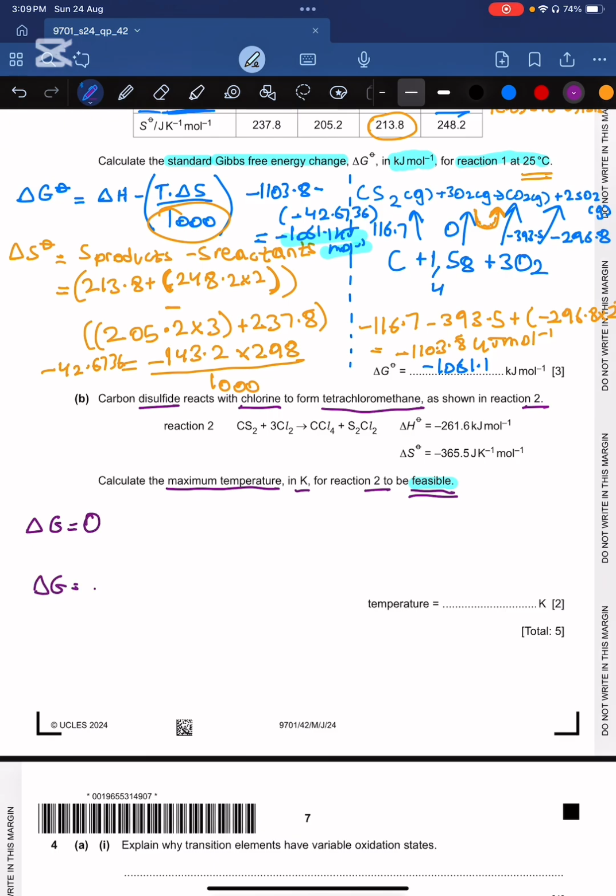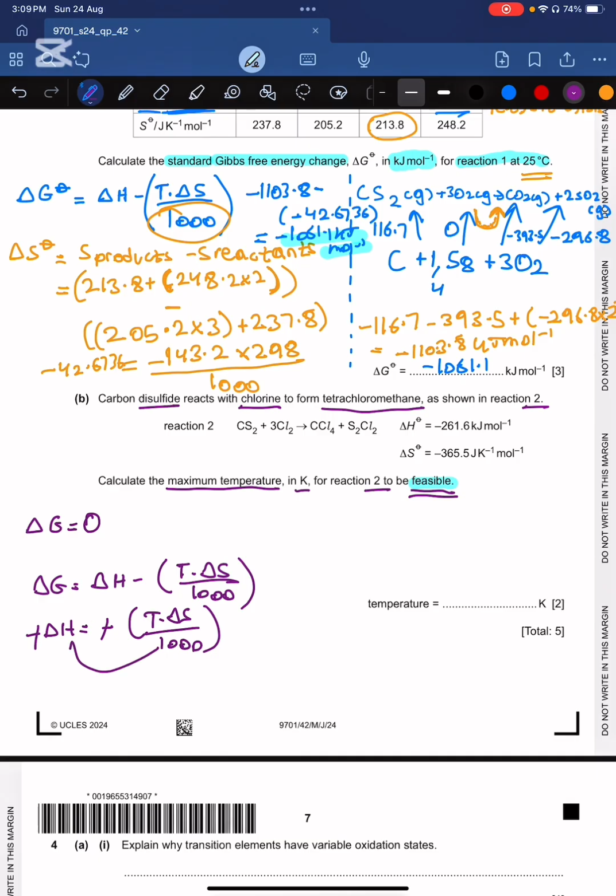Gibbs free energy change is delta H minus T dot delta S divided by 1000. The dot is the multiplication sign. Hence, minus delta H would become minus T dot delta S divided by 1000. The minus sign gets cancelled.